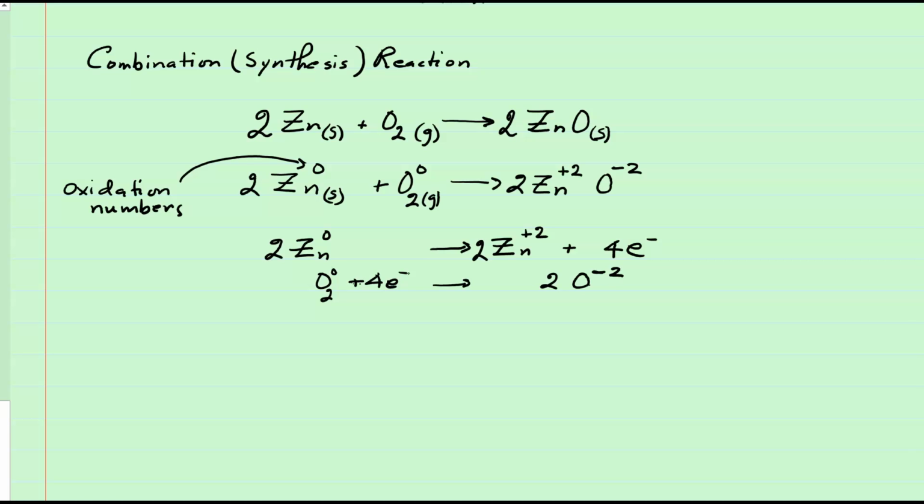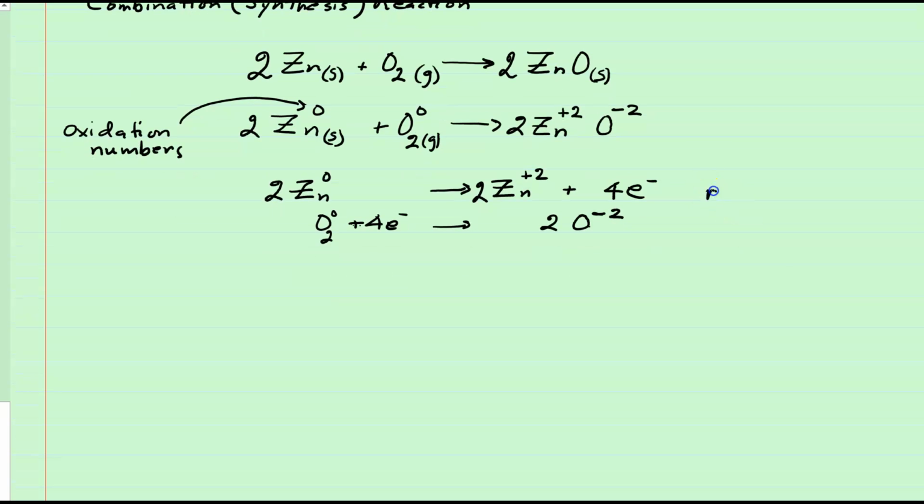So in this case, again, you see that if we add up the 2 materials, we see that the zinc has, if you will, lost 2 electrons each, and the oxygen has gained 4 electrons because there's 2 zincs, and the oxygen has gained 4 electrons. It's 2 oxygen atoms in each molecule, each gaining 2. So over here we have the oxidizing reaction, and here we have the reducing reaction.